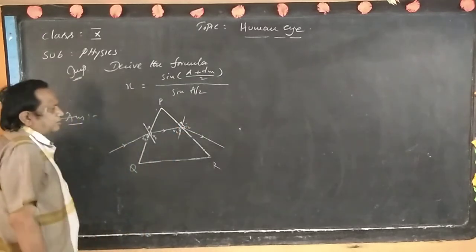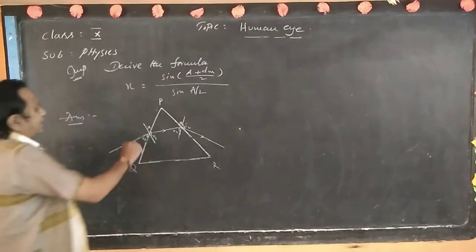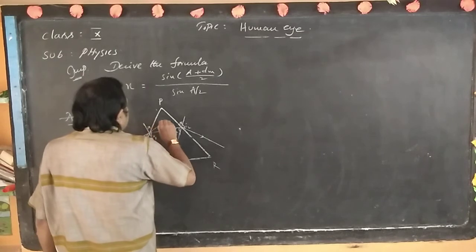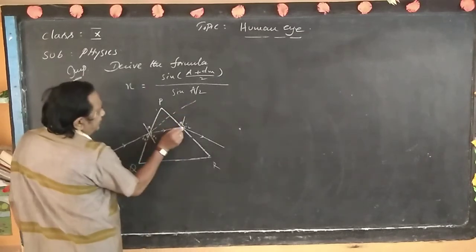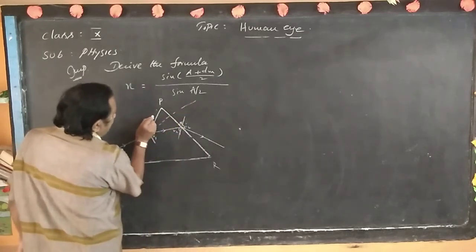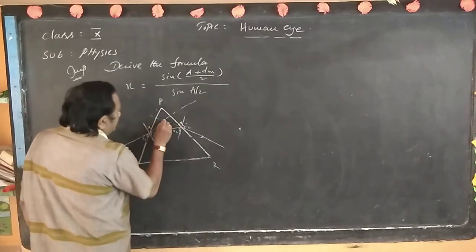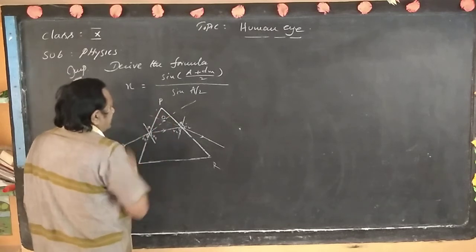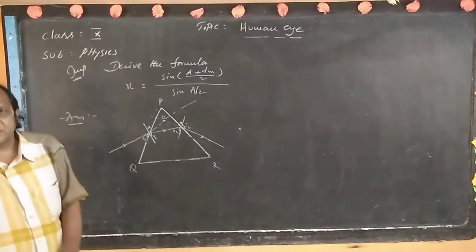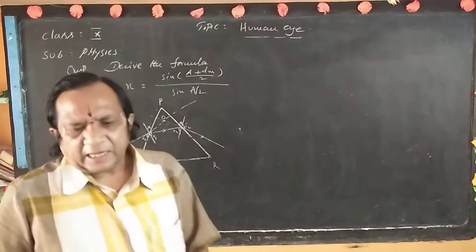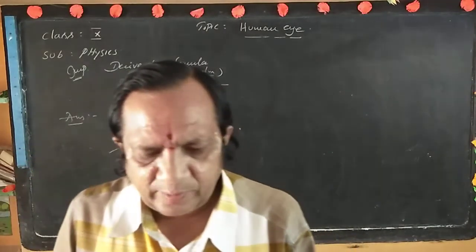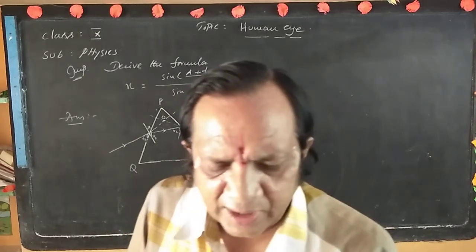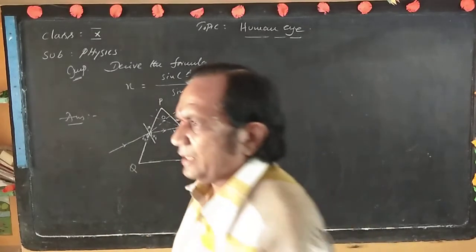Like that the angles are considered, and then we extend these rays. The incident ray is extended like this, and similarly the emergent ray is also extended like this. Both meet at one point, which we consider as O. The angle there is the angle of minimum deviation, which we consider as Dm.